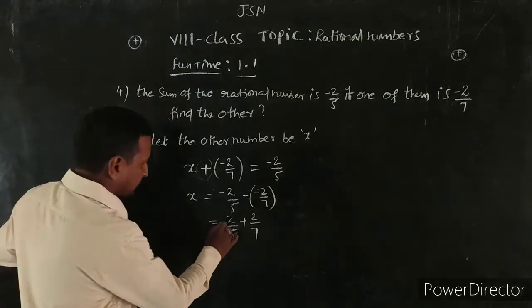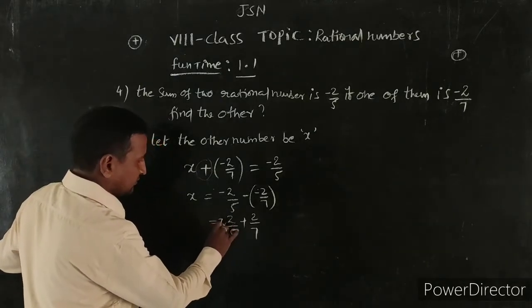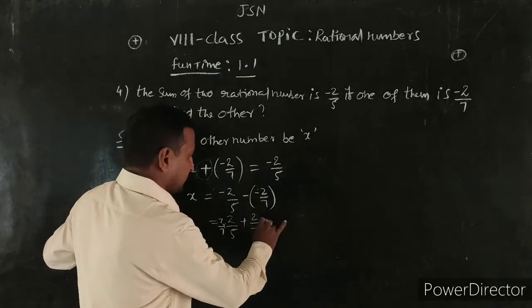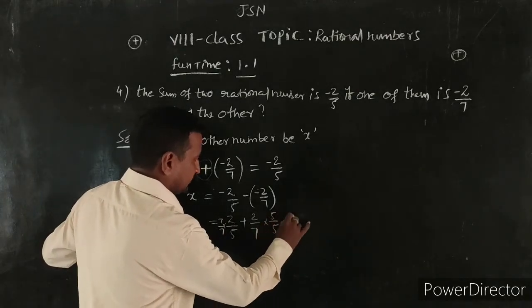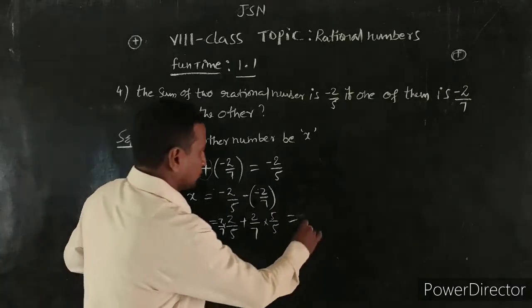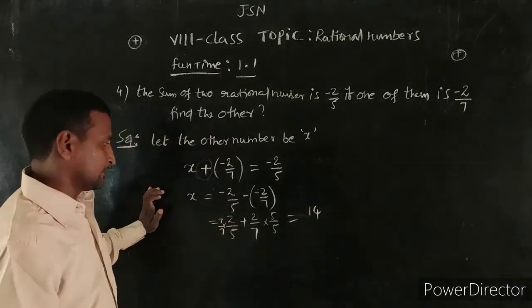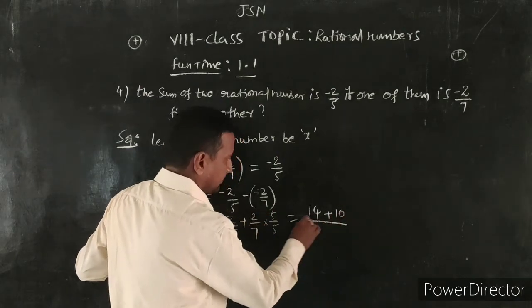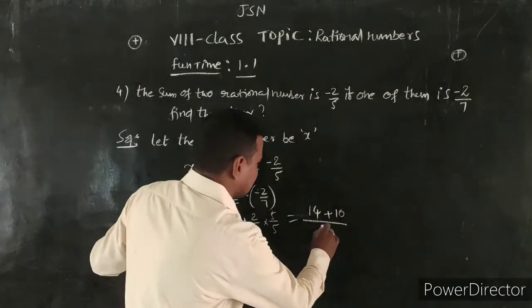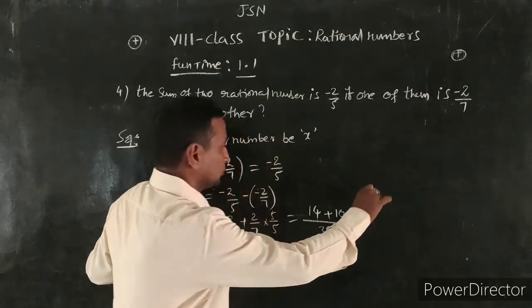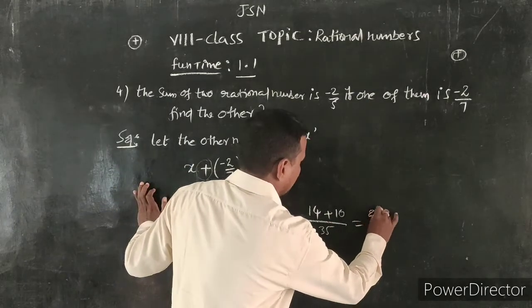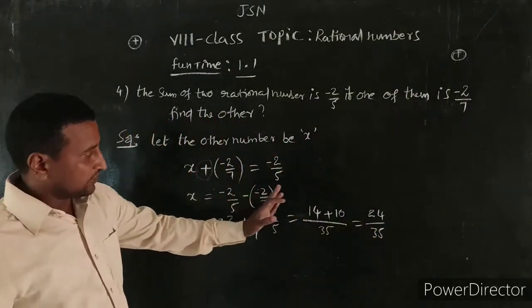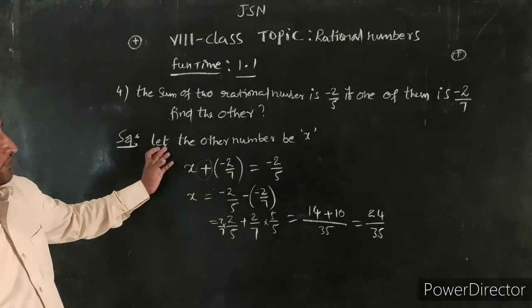So the first fraction multiply numerator and denominator by 7, and the second fraction multiply numerator and denominator by 5, equal to 7 twos are 14 plus 5 twos are 10 by 7 fives are 35, equal to 24 by 35. So 24 by 35 is the other number.